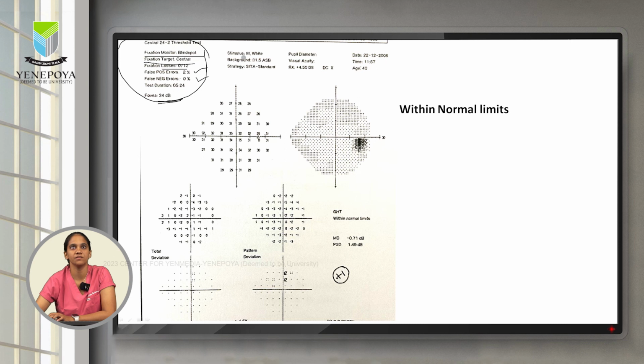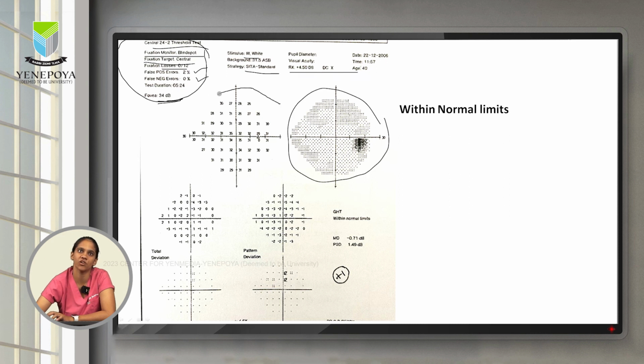Stimulus is size 3, background illumination. You are evaluating a SITA standard, 24-2 threshold, right? Correction has been given, age has been entered, everything done. All okay in the top part, in zone 1. You look at the grayscale, on the surface it looks normal. You look at the raw data, everything is good, more than 28, 29, 30.